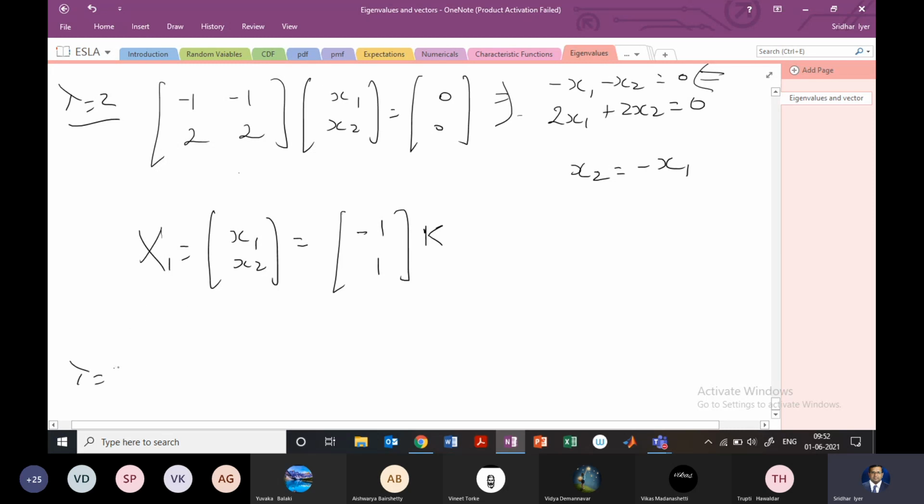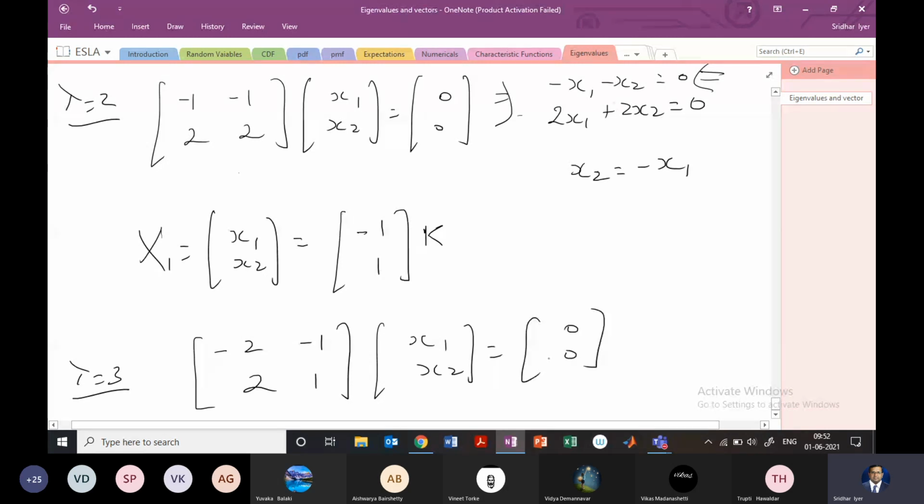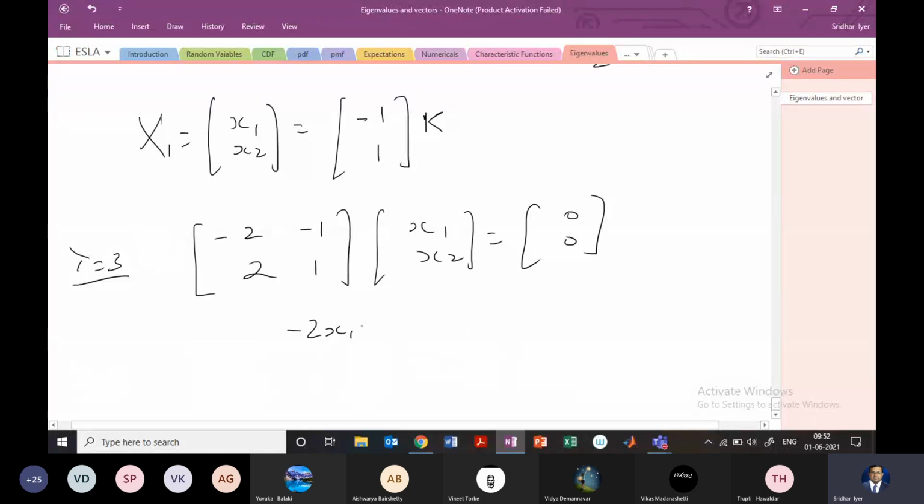Now let's see for lambda equal to 3. These are the two equations: minus 2x1 minus x2 equal to 0 and 2x1 plus x2 equal to 0.